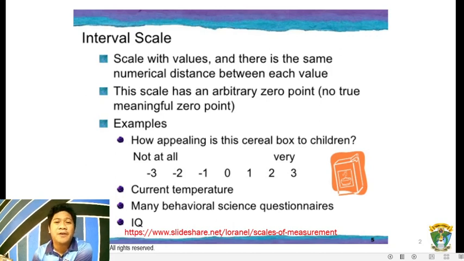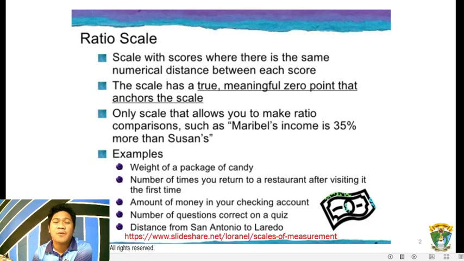Okay? So zero in the interval scale means something. While in ratio, there is a true, meaningful 0 point. For example, weight, number of times you return to a restaurant, amount of money, number of questions, and distance. So these are data under ratio scale.